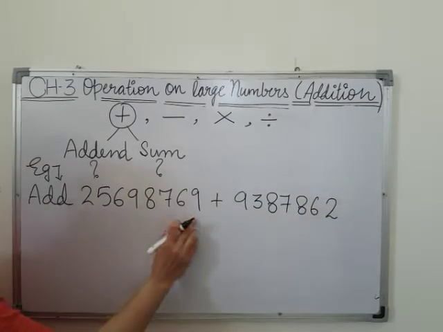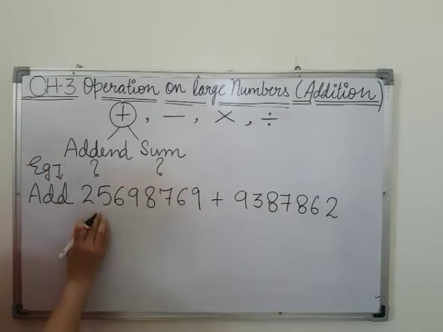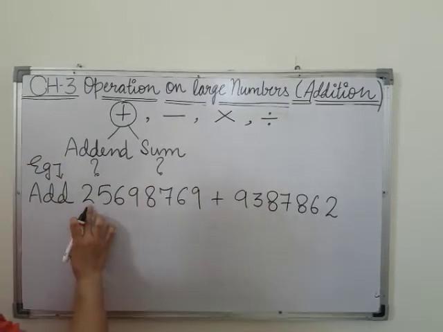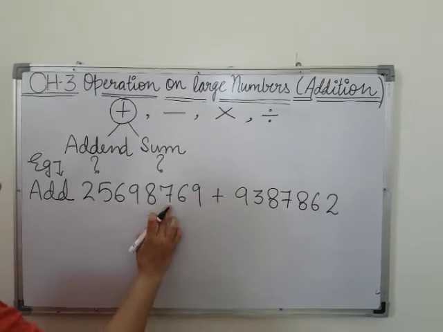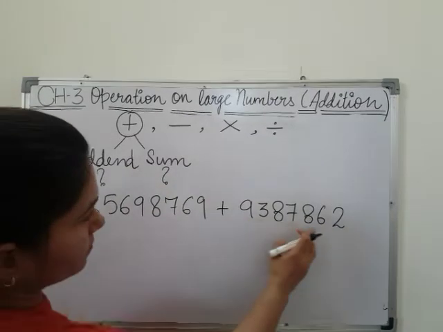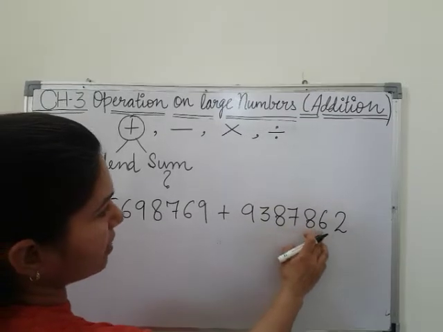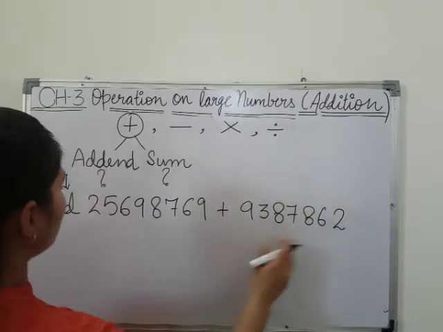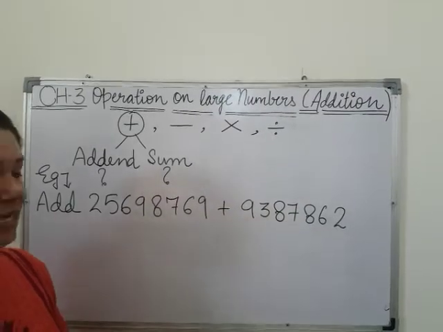Here you can see that these two are large numbers: 2 crore 56 lakhs 98,769, and the other one is 93 lakhs 87,862. For the addition, first we write these digits on their place values.